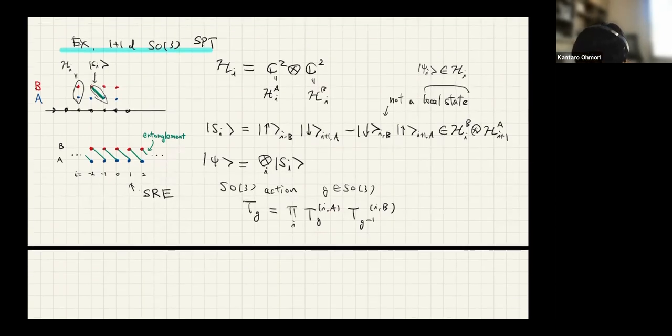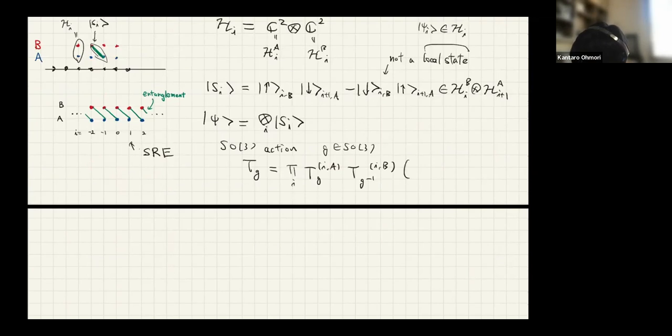In this form, it's obvious that this is local, because it's the product of the ones acting on each side. But this is also equal to I_B T_B(G inverse) I_B T(G) I plus 1_A.